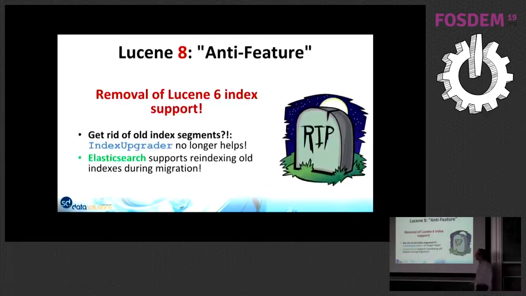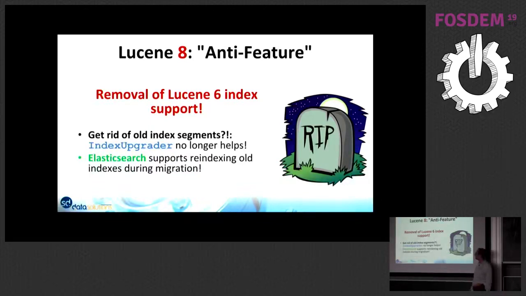And because of that, there's a Lucene 8 anti-feature, which is complete removal of Lucene 6 index support, that also affects Solr people. And you know, from the previous talks I had in earlier years, there was always the possibility to use the index upgrader to raise the index to a higher version, but that's unfortunately no longer possible because, as I said before, the minimum index version is stored in the index, so it will immediately say, no, that's impossible, so you have to reindex.